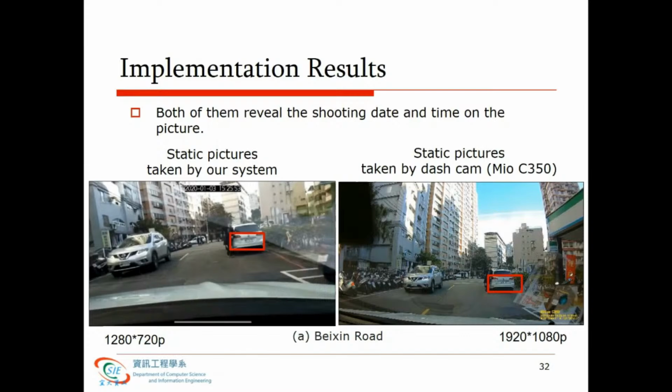Here is the result on the first road. Compare the left picture with the right picture. The license plate captured at the same time is still clear and identifiable.